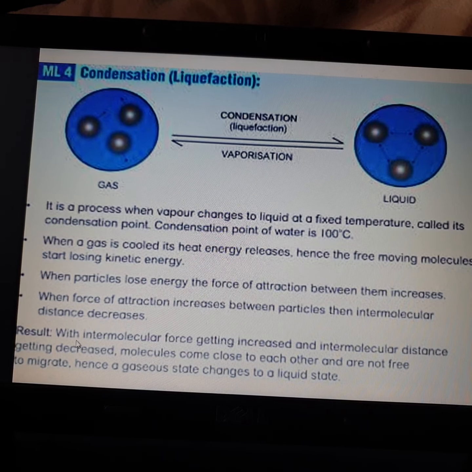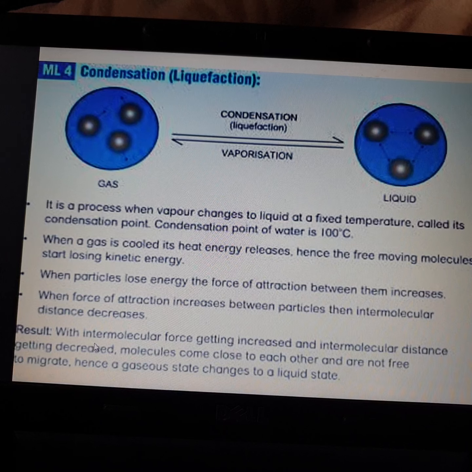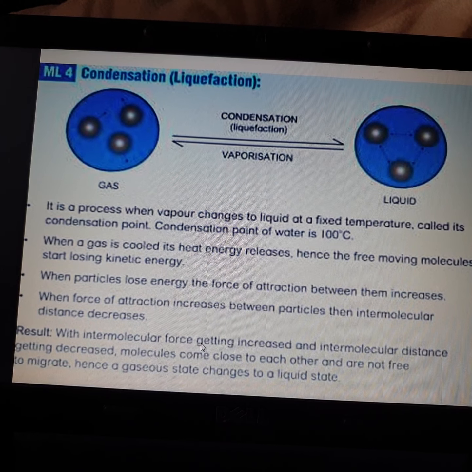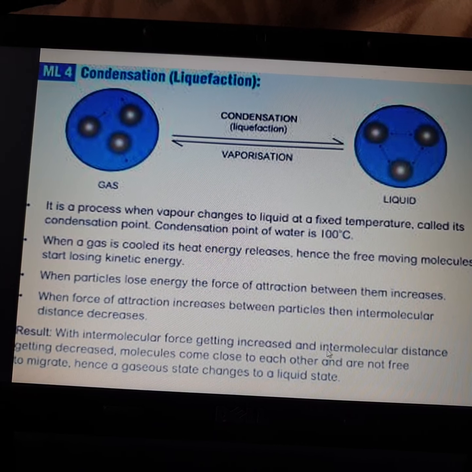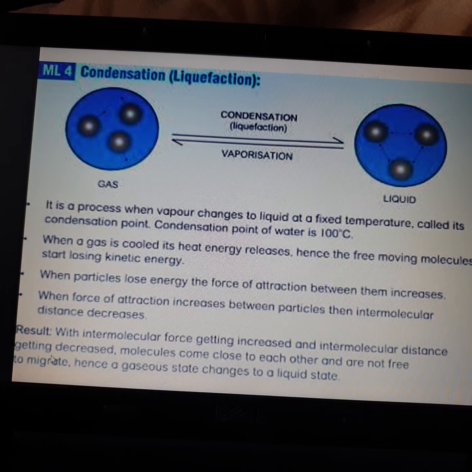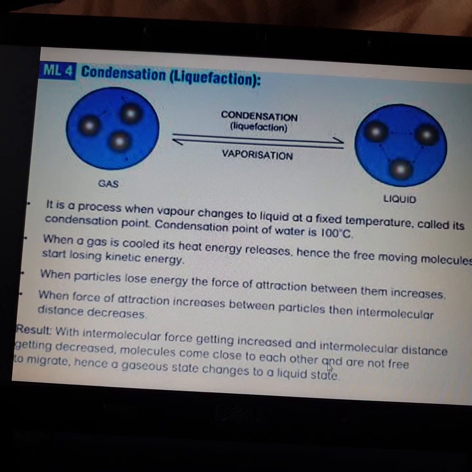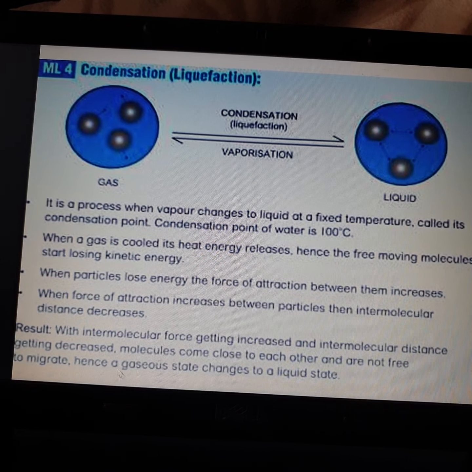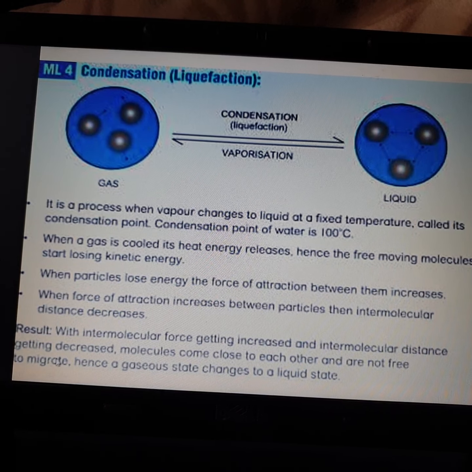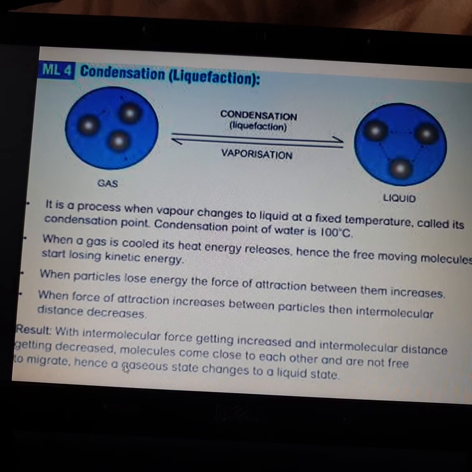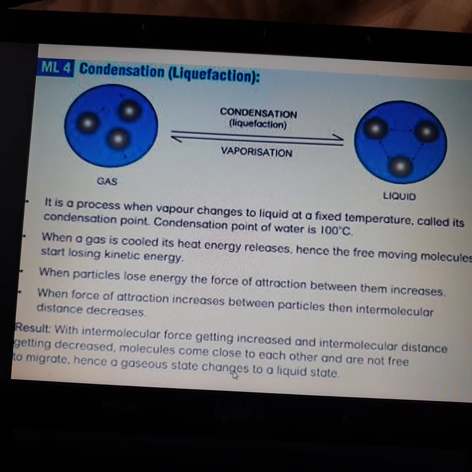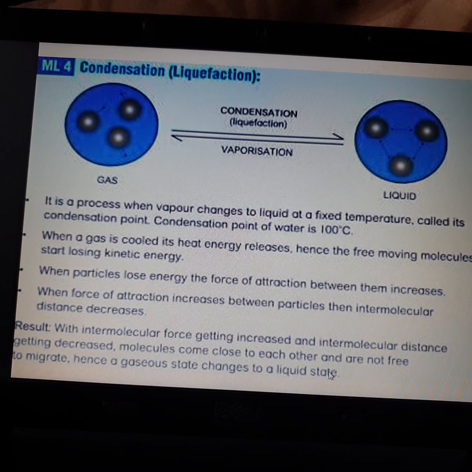So the final result is, with intermolecular force increased and intermolecular distance decreased, molecules come close to each other and are not free to migrate. Migrate means not free to move. Hence, a gaseous state changes to a liquid state.